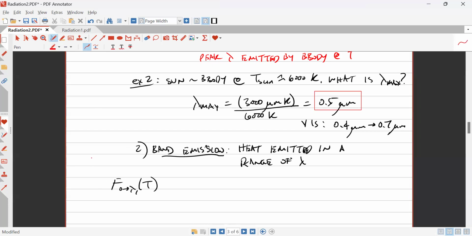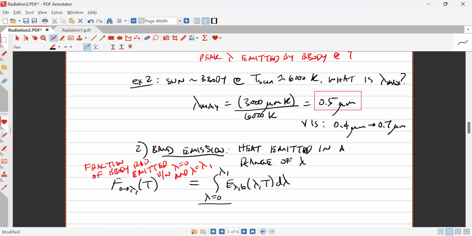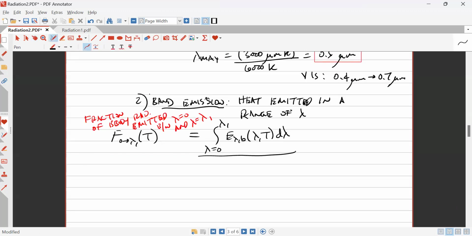And we'll define this then as the fraction of blackbody radiation emitted between lambda equals 0 and lambda, we'll call lambda 1, and it depends on temperature T. This definition you can write as that we're going to integrate from lambda going from 0 to lambda 1, E lambda b, which again is a function of lambda and T, divided by the integral over all of the blackbody spectrum.